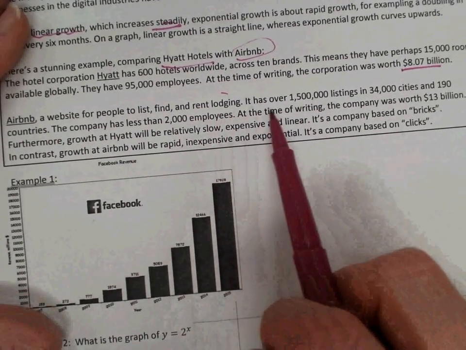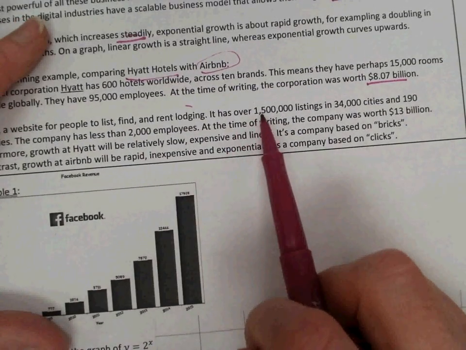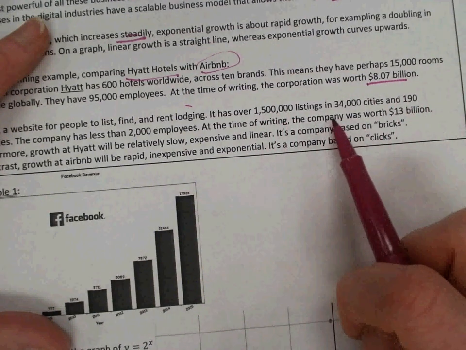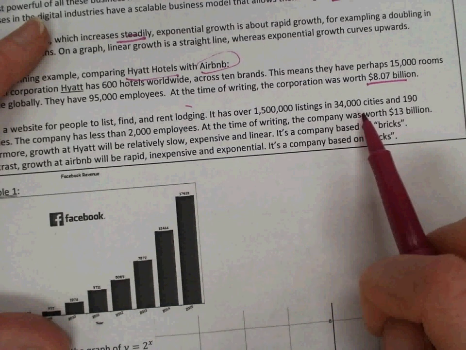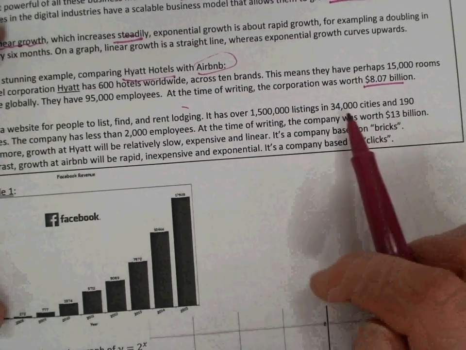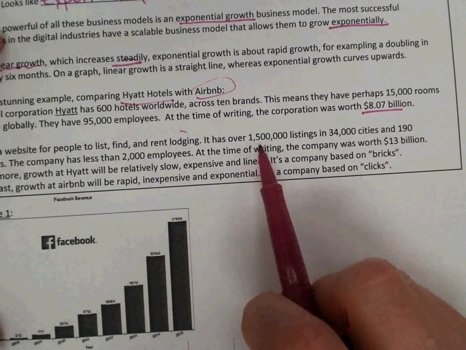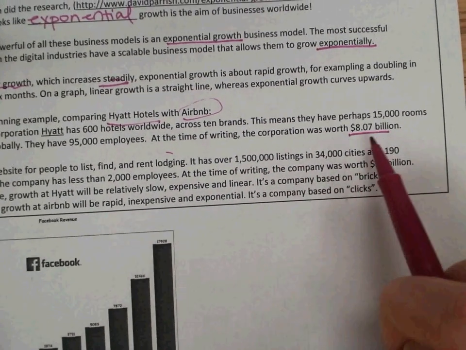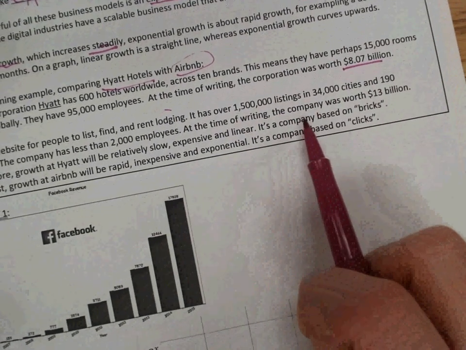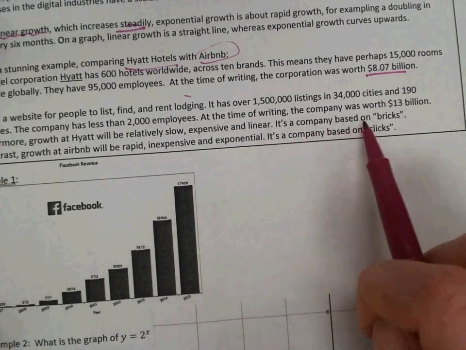And then there's Airbnb, a website for people to list, find, and rent lodging. It has over 1,500,000 listings in 34,000 cities in 190 countries. So you can see 1.5 million listings versus the 15,000 rooms here. At the time of writing, the company was worth $13 billion.